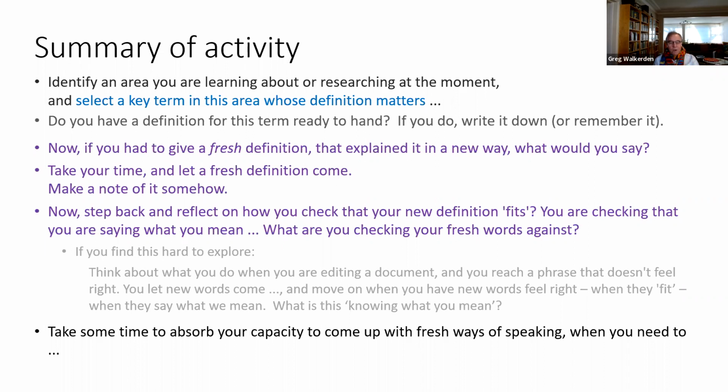And then just take a bit of time to explore and to absorb really your capacity to come up with fresh ways of speaking when you need to. Just really appreciating that we started with a definition that came relatively ready to hand, that came first, and then you were able to find another definition for a term.